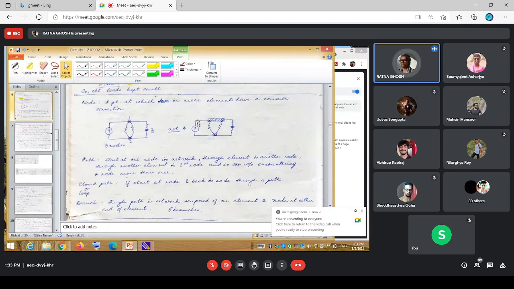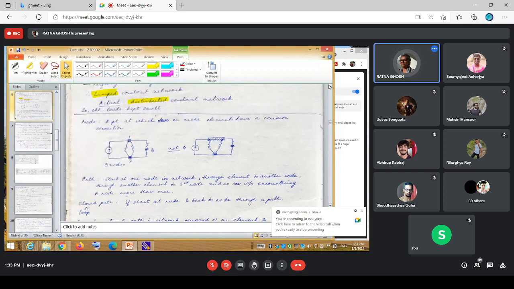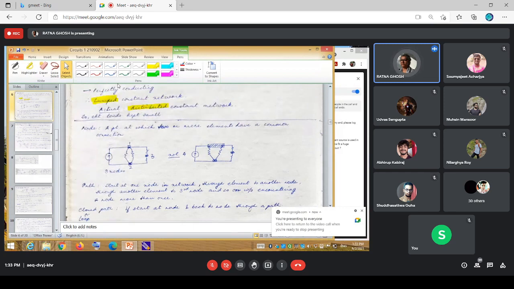Now, when we go into this one, here, this representation, please understand that there are still just 3 nodes, not 4. Why so? Because there is no active or passive element connected between these 2. And our approximation is perfectly conducting.